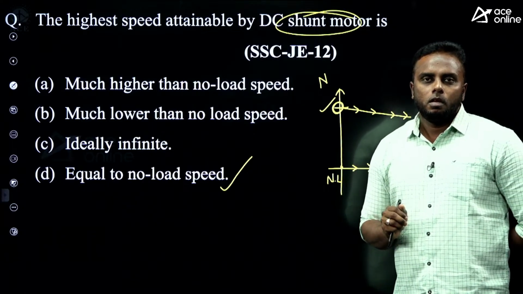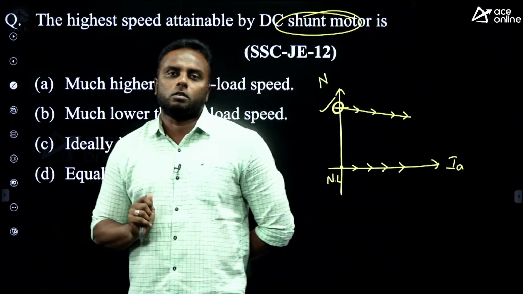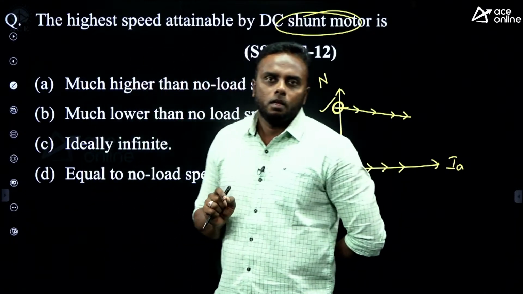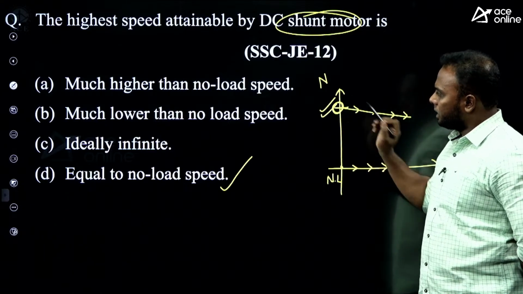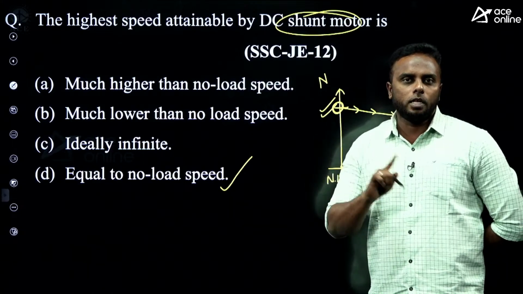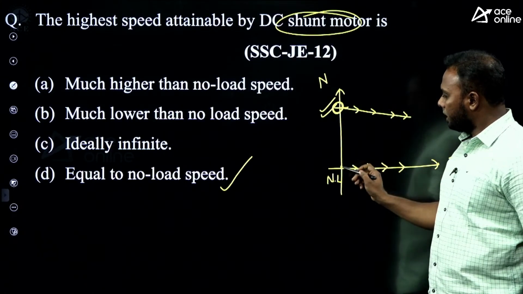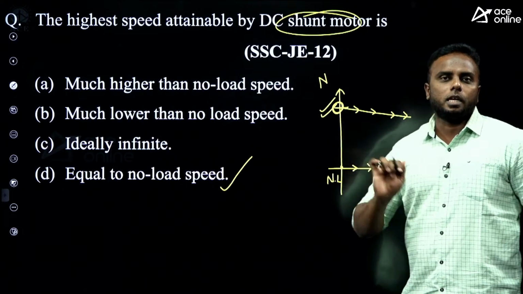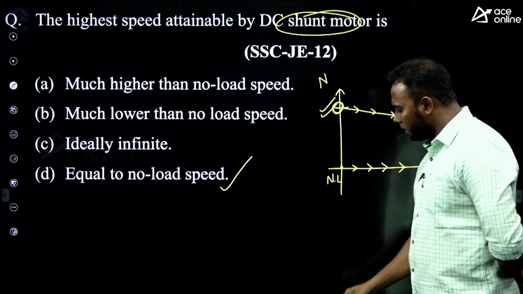We know the shunt motor is an almost constant speed motor approximately, and under no load condition it will have a finite speed. This is the no load speed. But whenever load increases, the speed of the motor slightly decreases, just like an induction motor. 30, 40, 50 RPM will decrease here.